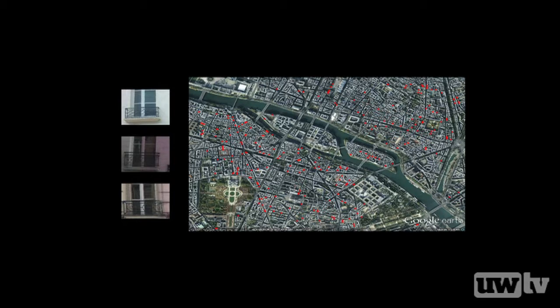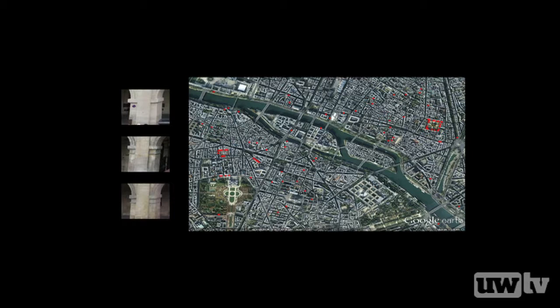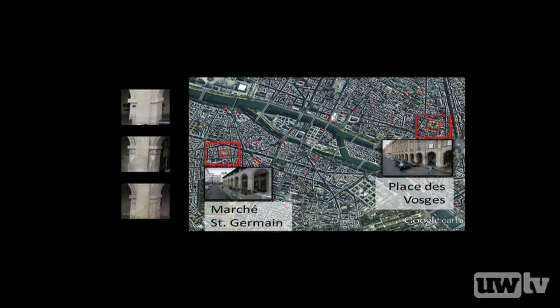You can also discover other things. For example, this little thing happens on the right bank in Place des Vosges, of course, right here. But there's also another little thing, the little pattern that happens here in Marché Saint-Germain. We talked to an architect, and he said this might be an example of an architectural citation.